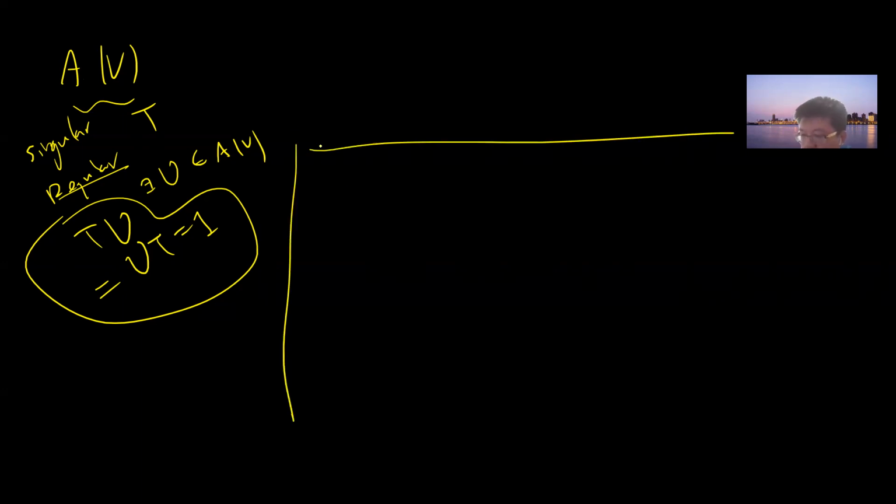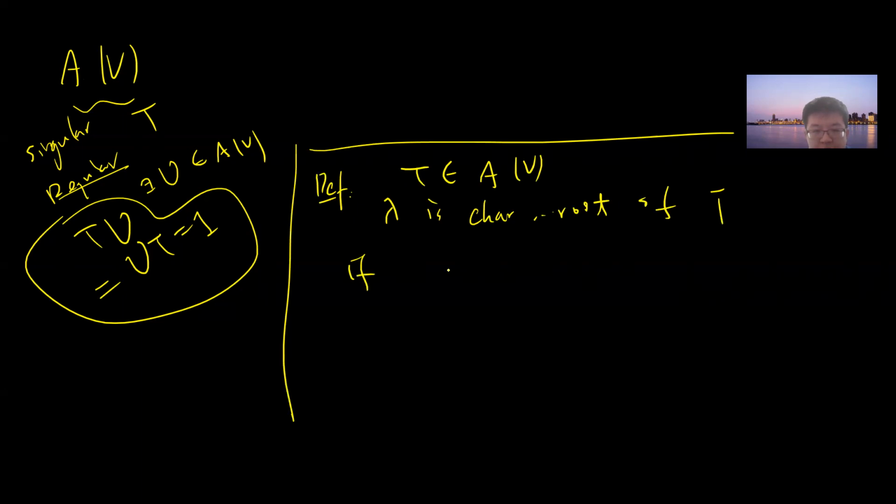Okay, characteristic roots. So the definition: given T in L(V), lambda is a characteristic root of T if T minus lambda is singular. T minus lambda means T minus lambda times the identity element. Because we don't talk about matrices, you can just write T minus lambda.